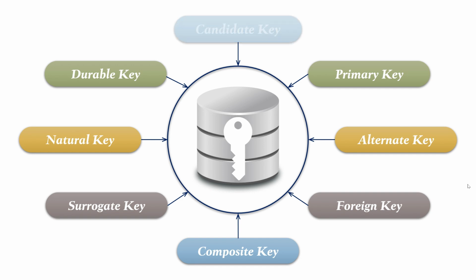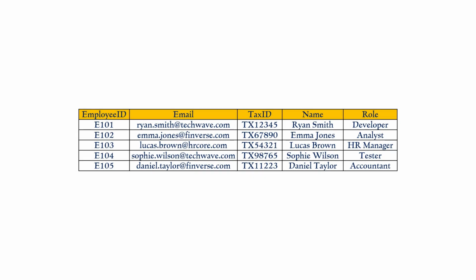Let's start with the candidate key. A candidate key is any column that can uniquely identify a record in a table. For example, in an employee table, there can be multiple columns that uniquely identify each employee. For instance, when someone joins the organization, they're assigned an employee ID. They also get an email ID that's unique to them.